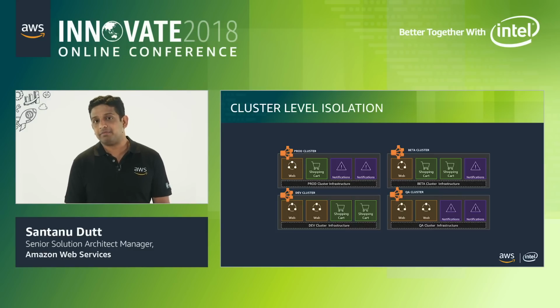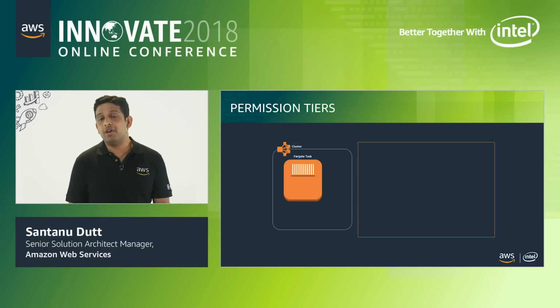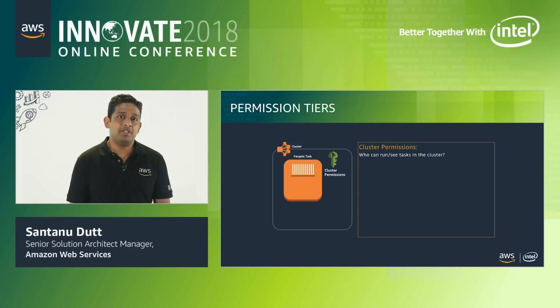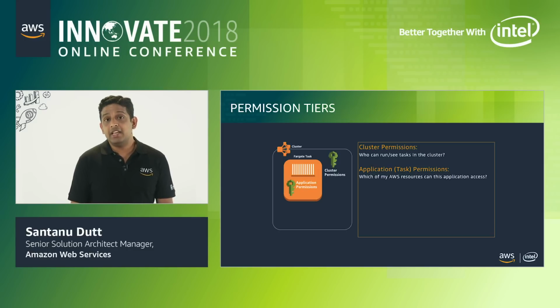There are permissions you can control at 3 distinct layers when it comes to managing your Fargate environment. The ECS cluster level permissions enable you to control which user can run applications in the cluster. So if you have the same set of applications running in dev and prod, you can separate the user permissions based on the environment they should have access to. Then secondly, you have AWS resources like Simple Storage Service buckets for S3, or DynamoDB tables that need to be accessed.